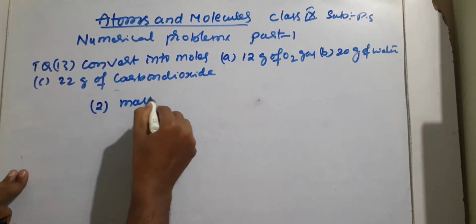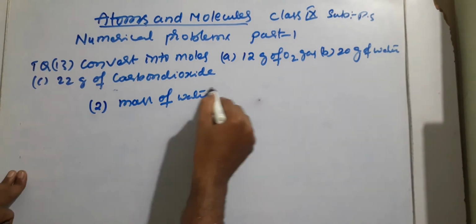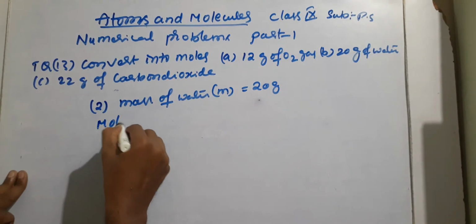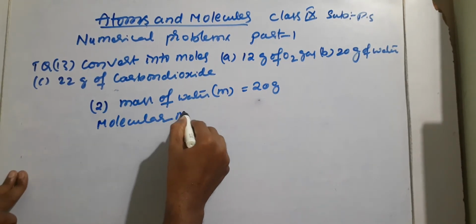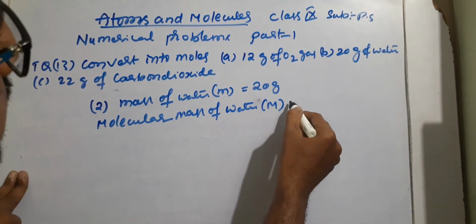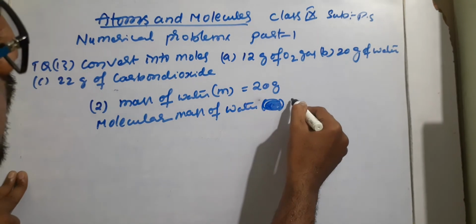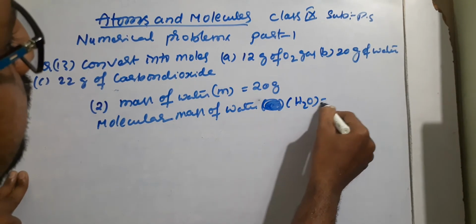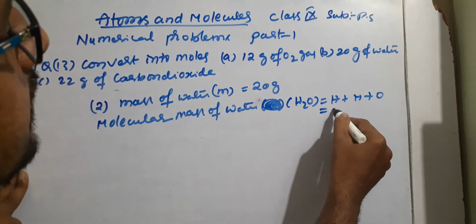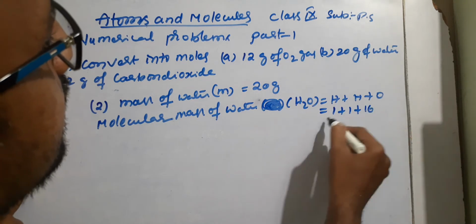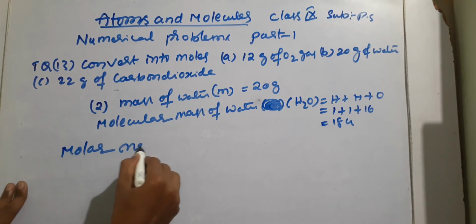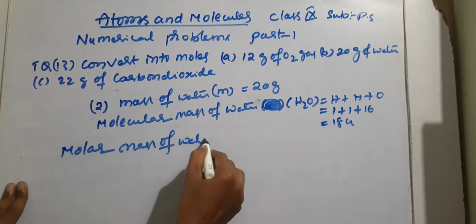So mass of water is given. It is denoted by small m, 20 grams. And we know the molecular mass of water, its formula is H2O, which is H plus O. We substitute atomic weights, that is 1 plus 16, so which is 18 U. Then the molar mass of water.